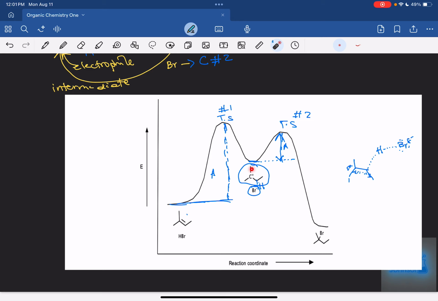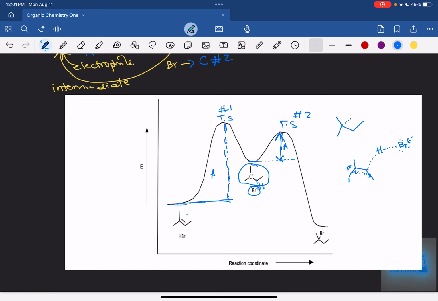At the intermediate stage, we're not transitioning anymore. Hello, I have formed my carbocation completely, and I now have my minus on Br. And it's the same thing here. In this transition state, you show a partial bond formation between the Br and the carbon.